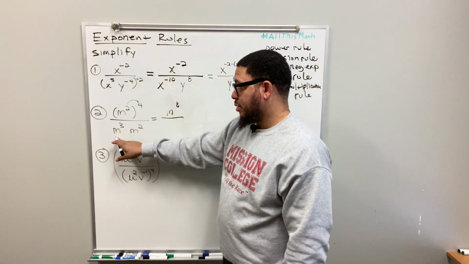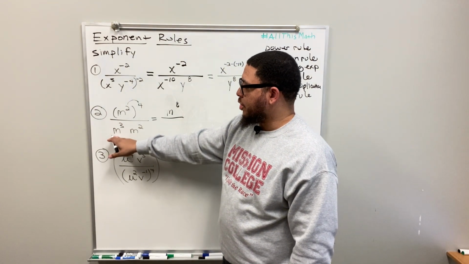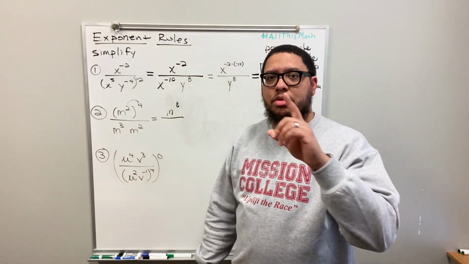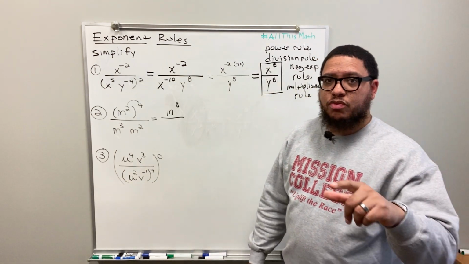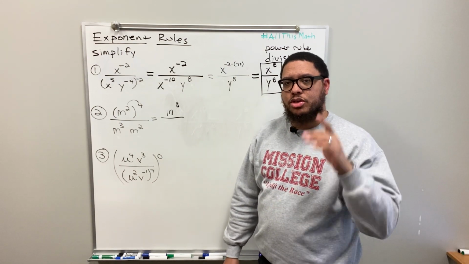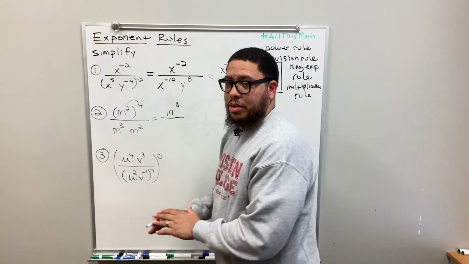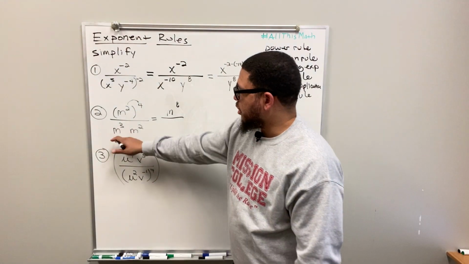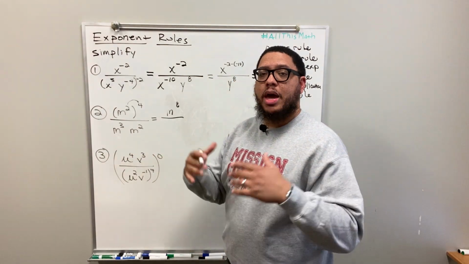Now down here, m to the 3rd times m squared. That's multiplication, so we use the multiplication rule. When you have the same variable, you add the exponents. You don't multiply them. You multiply them when there are parentheses involved. But when there's just straight multiplication, you add the exponents.